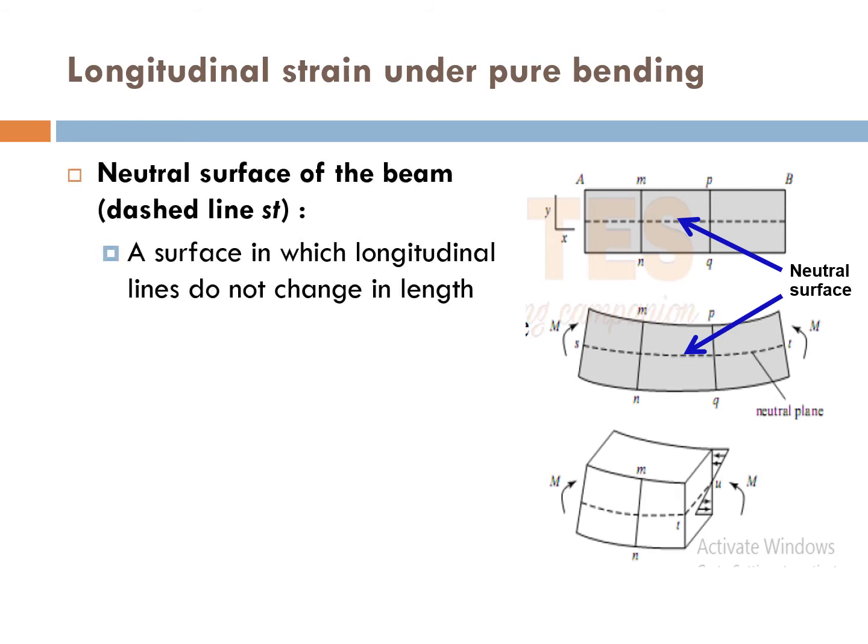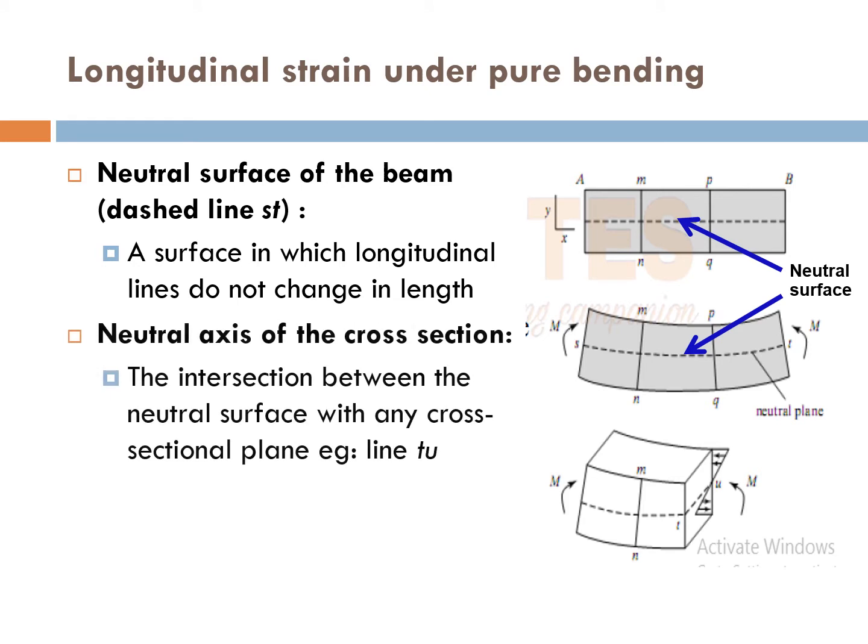The intersection between the neutral surface with any cross-sectional plane, for example the line TU, is called the neutral axis of the cross-section. If the cantilever is made of a homogeneous material with a symmetric cross-section, the neutral plane lies in the middle of the cantilever.